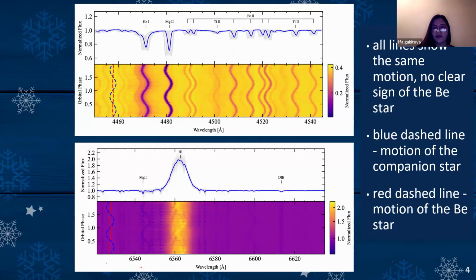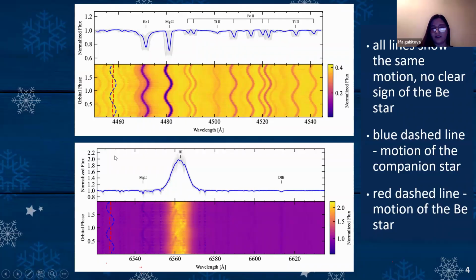Thank you. If I might comment a little. H alpha in this system is indeed very curious. So we attempted in another small paper to isolate the central emission peak that traces the orbital motion of the companion star. And when we remove it from the H alpha profile, it becomes double peaked.